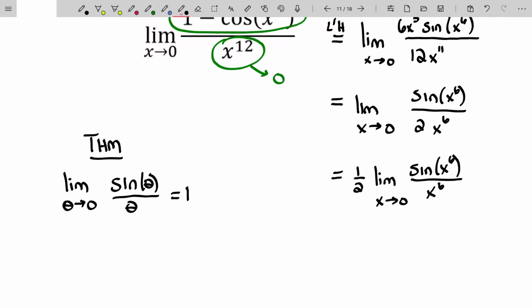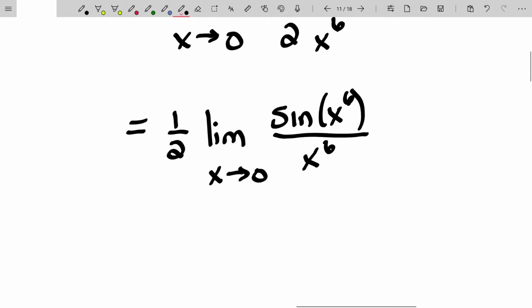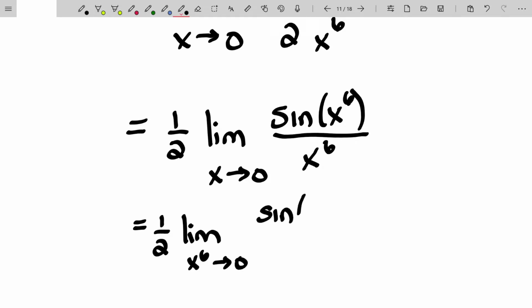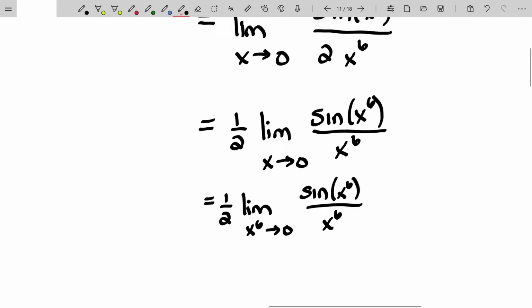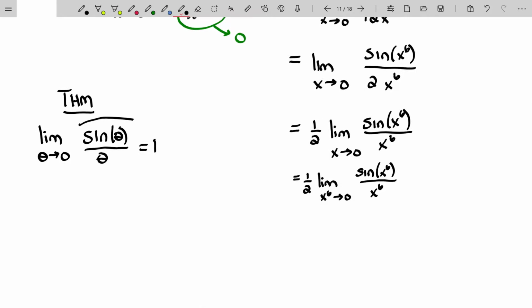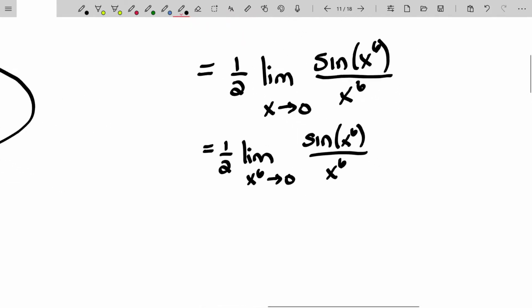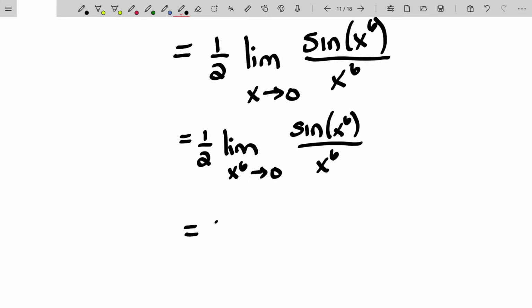And so this limit could be rewritten as 1/2 times the limit as x to the 6th goes to 0, because again, as x goes to 0, so does x to the 6th, of sine of x to the 6th over x to the 6th. And that is exactly the same form as this theorem. And now you can easily see this is going to be 1/2 times 1.